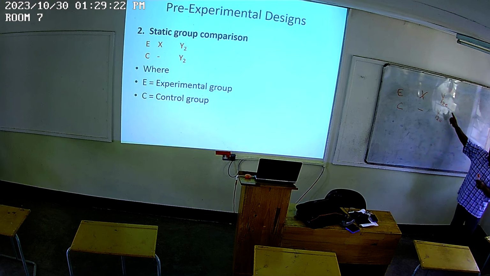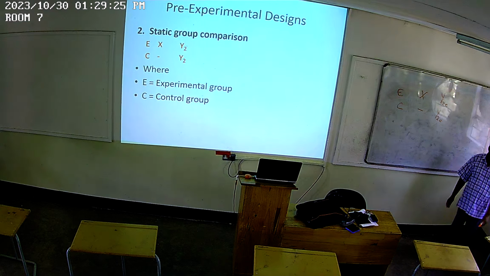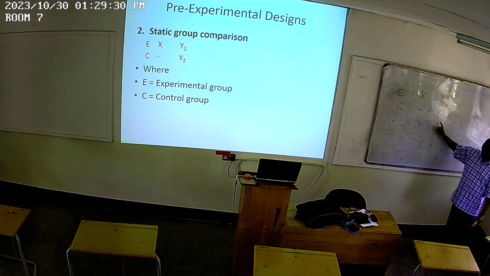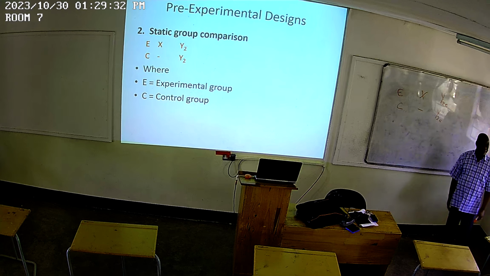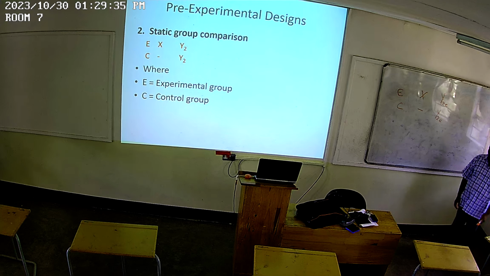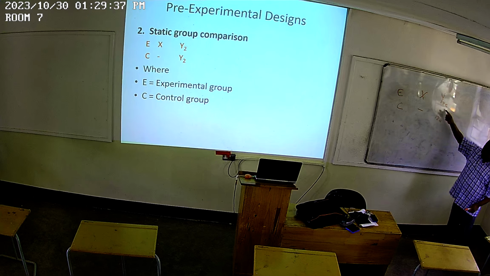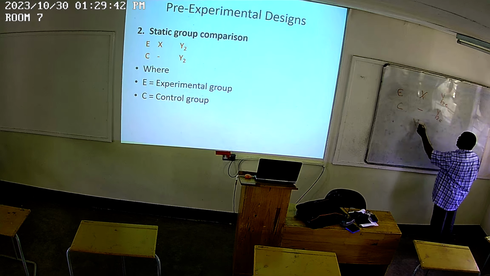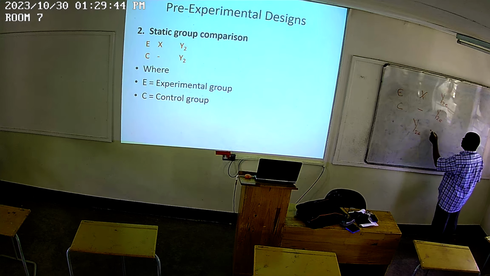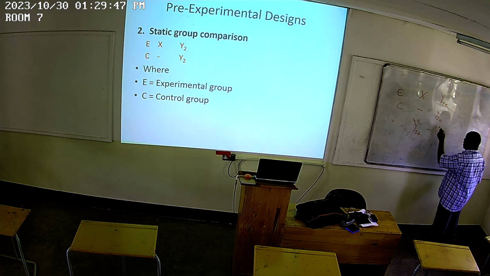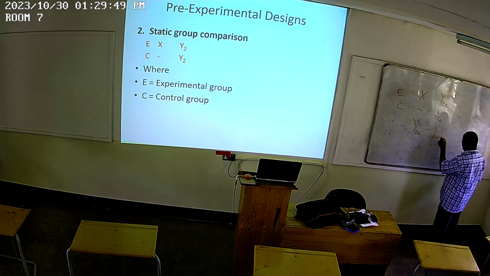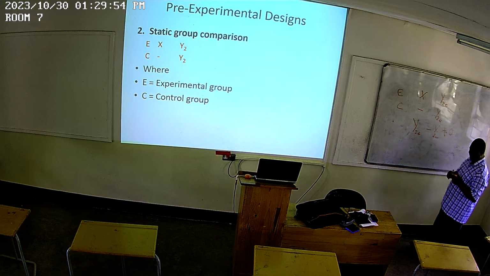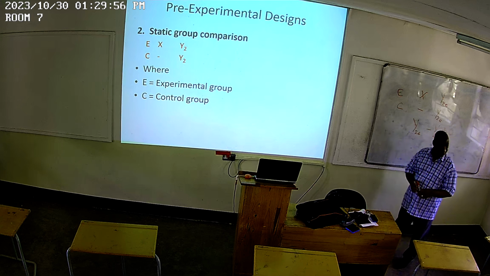Maybe I should have put it like that, so that this is Y2 for E and this is Y2 for control. But your aim is to test whether Y2E minus Y2C is not equal to 0.